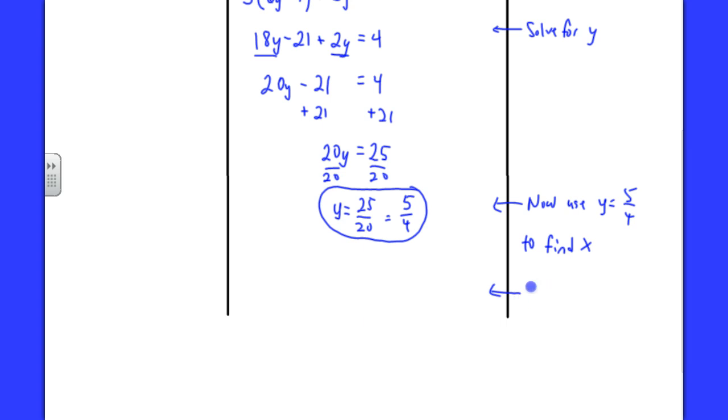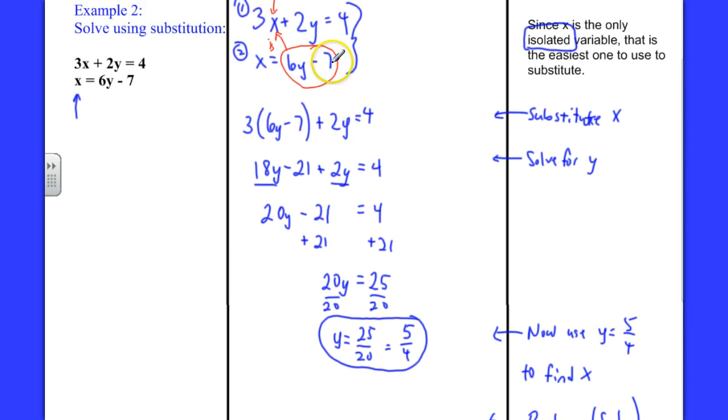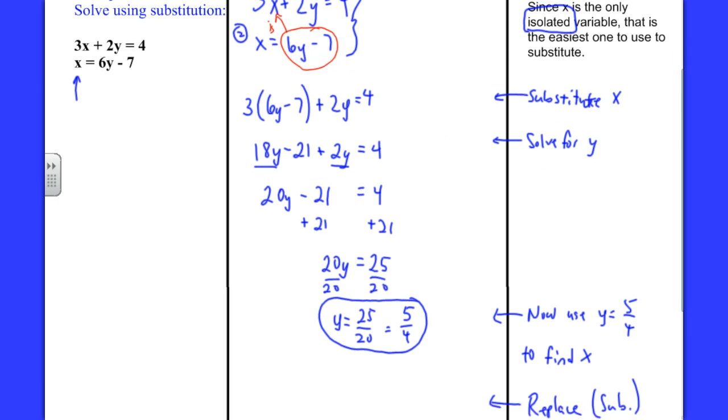Replace or substitute. I have 5/4 is y, so I'm going to pick equation number 2. The reason I want to pick equation number 2 is x is isolated and I'm trying to find x. So it would be easiest just to plug 5/4 into this y and solve it for x.